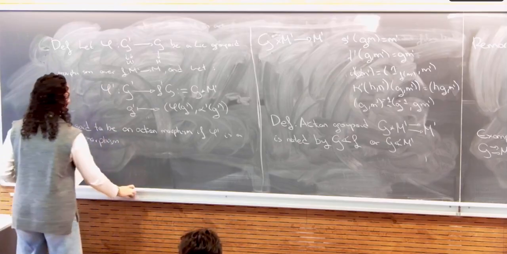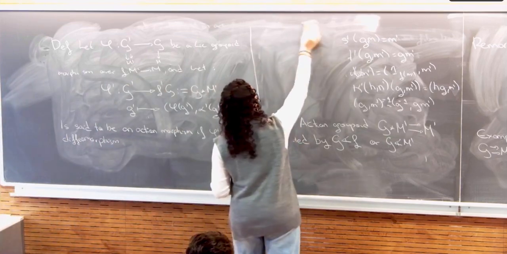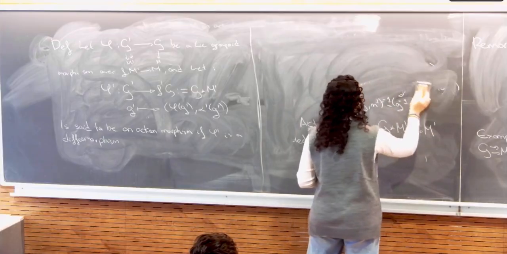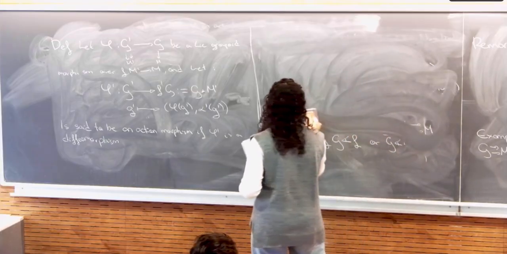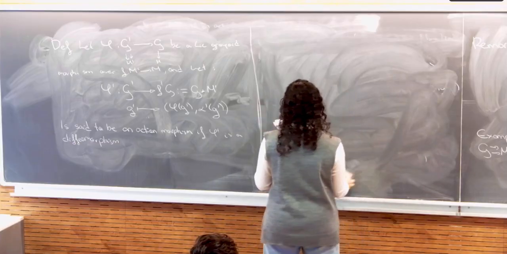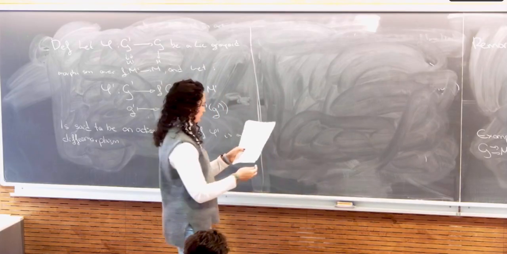Okay, so we can wonder if we have a Lie groupoid action, can we define an action morphism which will then evolve to the same action?